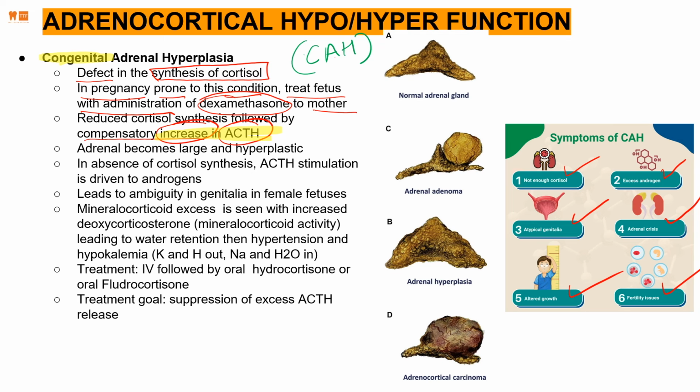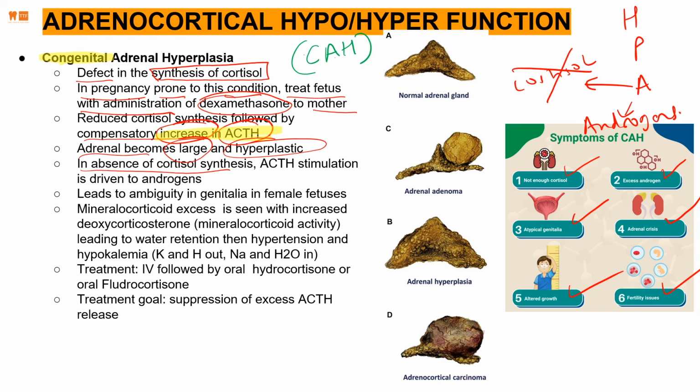So the ACTH is going to go all the way to androgens, not cortisol, because of course there is a cortisol deficiency. So the adrenal becomes very large, hyperplastic, hence congenital adrenal hyperplasia. In the absence of cortisol synthesis, ACTH stimulation is driven to androgen, which leads to ambiguity, atypicalness of genitalia in female fetuses.